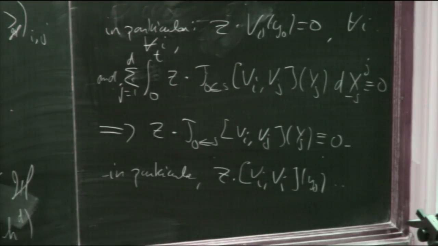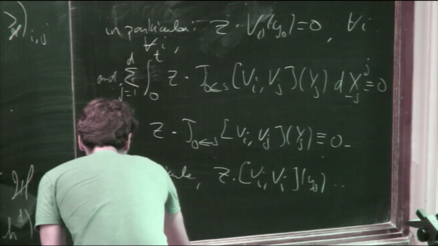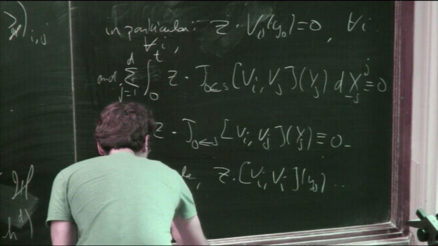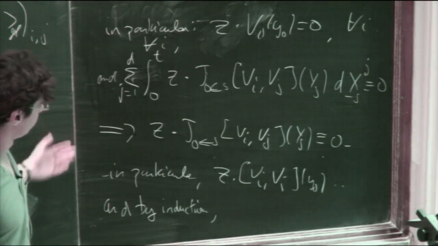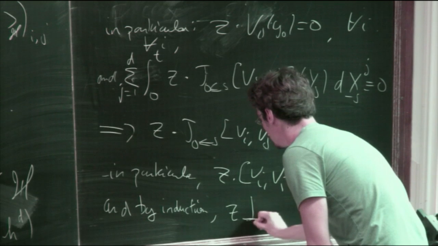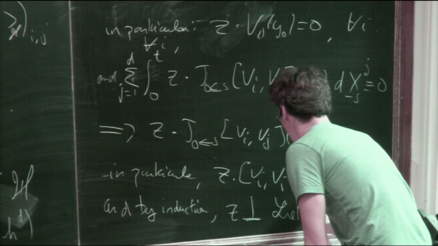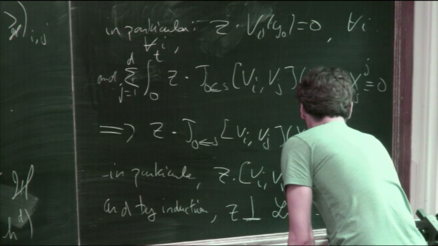And then by induction, you just do the same thing over and over again. And by induction, Z is orthogonal to the Lie algebra generated by vector fields at time 0.